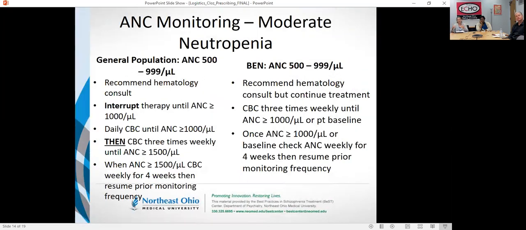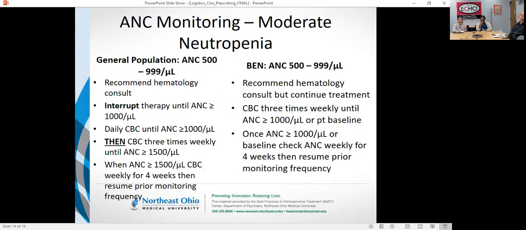If it progresses even further down to moderate neutropenia, these are ANC values between 500 and 999, so just under that 1,000 mark. In both cases, it's recommended to get a hematology consult. For patients in the general population, they do recommend interrupting therapy until the ANC gets back above 1,000.